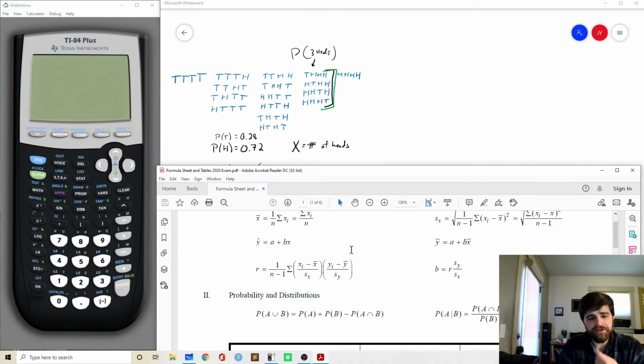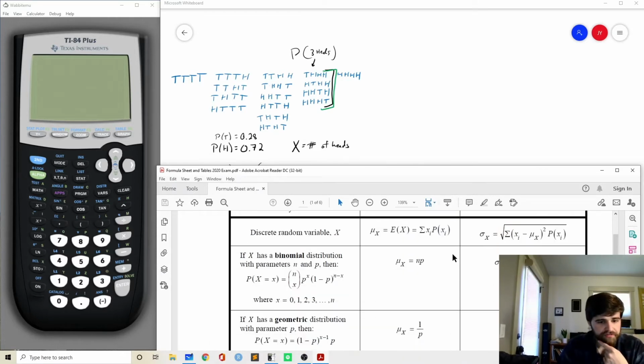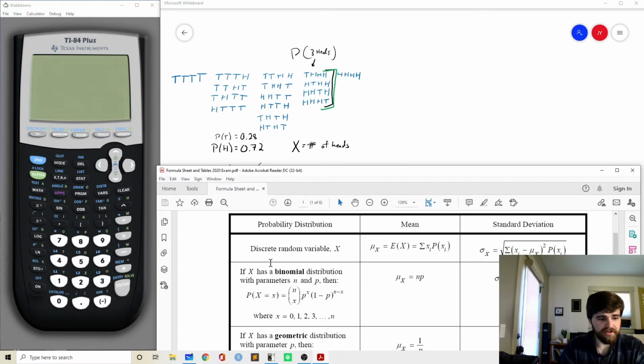So if you look at the AP Statistics formula chart, you'll see this box down here with the probability distribution section. It says if X, the random variable X, has a binomial distribution with parameters n, the number of trials we're going to do, and p, the probability of success, then this formula will solve it.